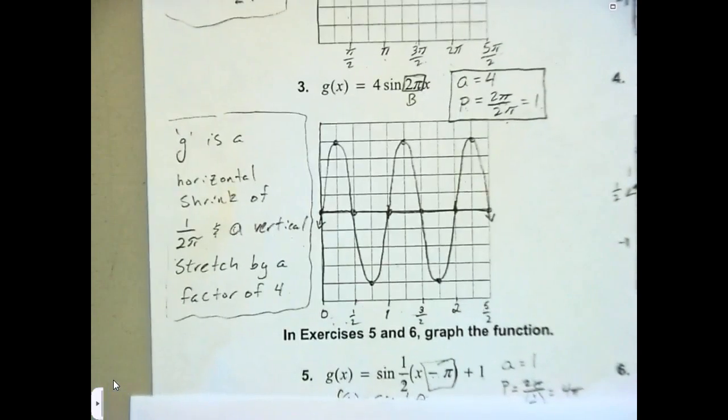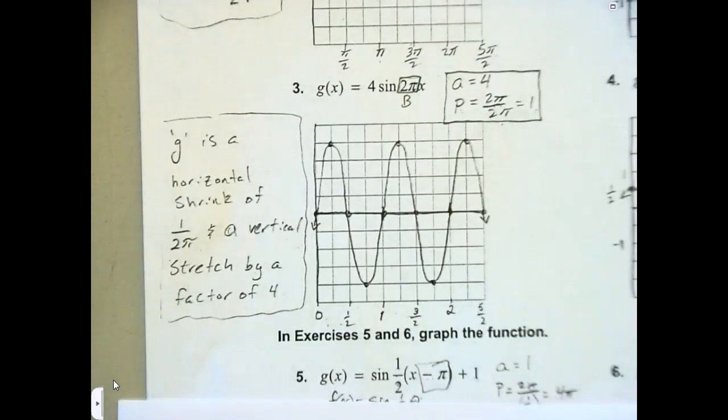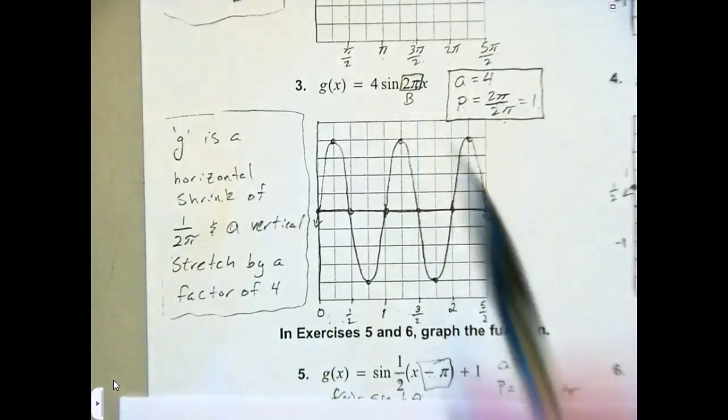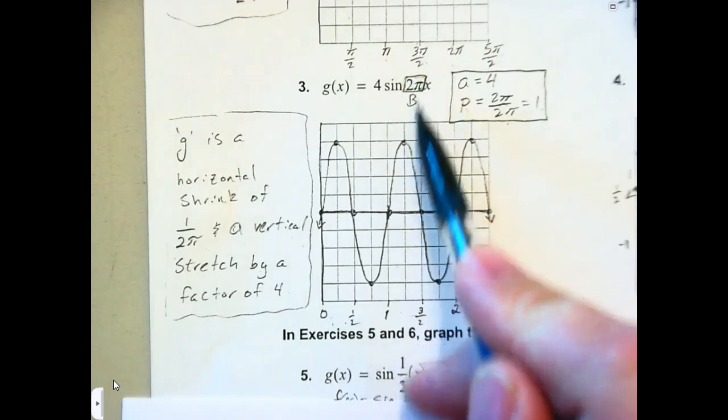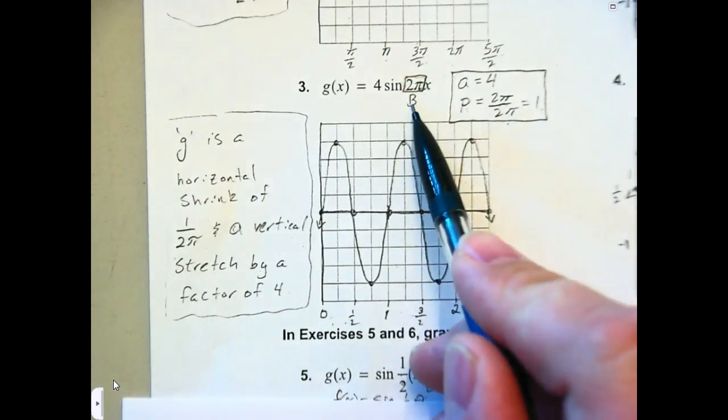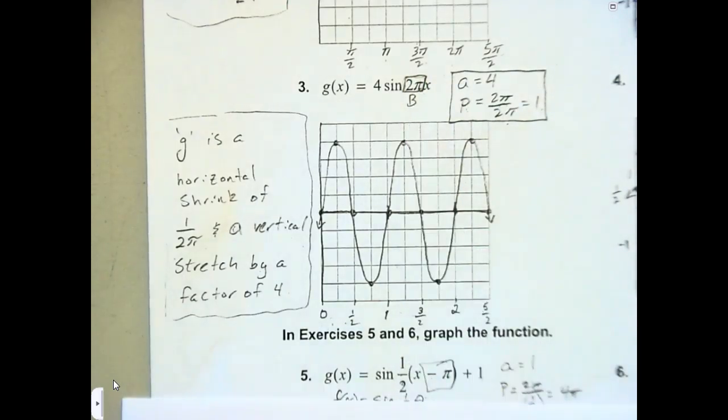There's 3. Now you will note on number 3 a couple of changes. First, things you want to make notes of. These are the ones I said we're going to be challenging yesterday. First, notice that B is 2 pi. B represents the number of cycles from 0 to 2 pi.